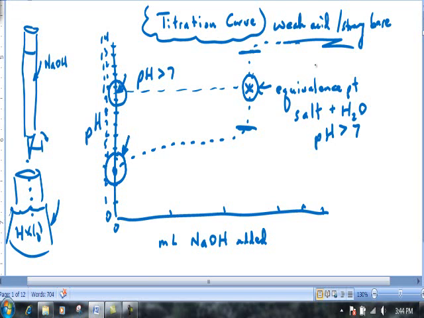The equivalence point in a weak acid strong base titration is going to be something where the pH is greater than 7, because the conjugate base of the weak acid, which is the ion in the salt, has the capacity to generate hydroxide ions. So we have a pH at the equivalence point greater than 7. It would be whatever the pH should be that's caused by merely making a salt solution of the salt that's present and water.